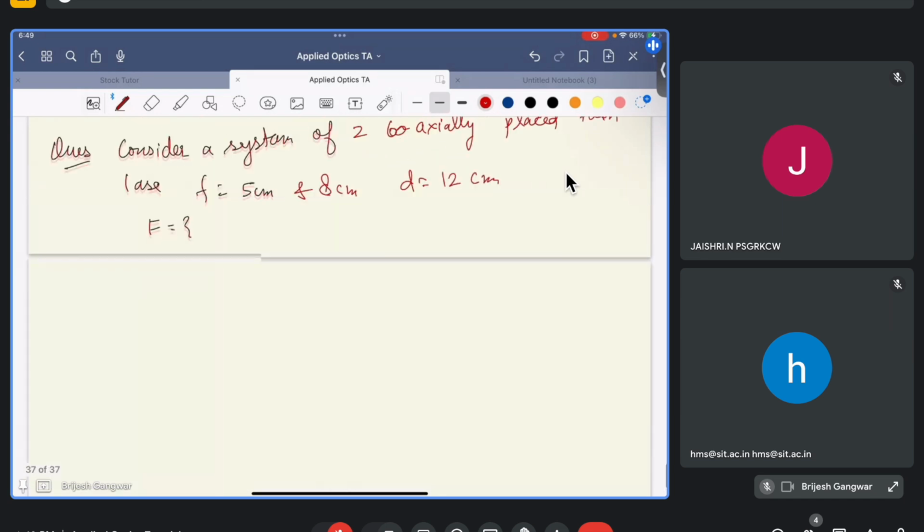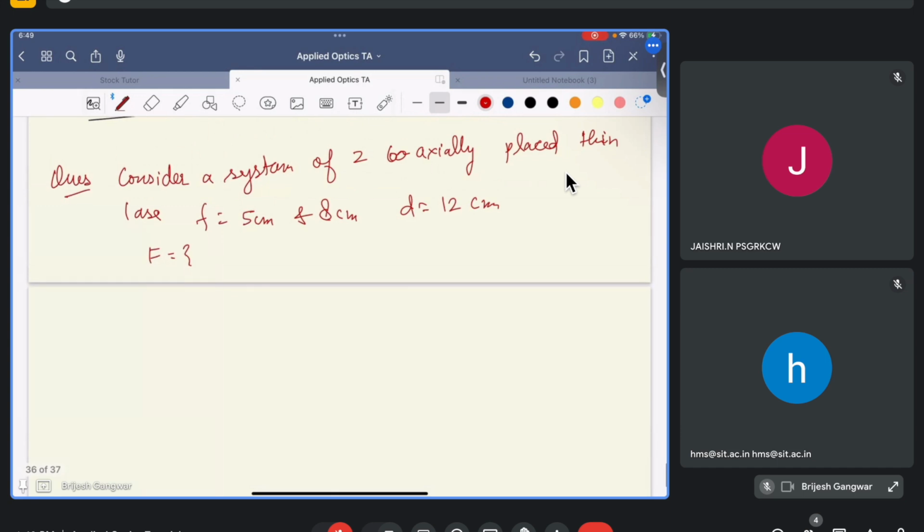So there are two ways. You can find the combined transfer matrix and then compare the focal length term of the system, or you can use the direct formula, that is 1/f1 + 1/f2 - d/(f1 f2). That term comes here.